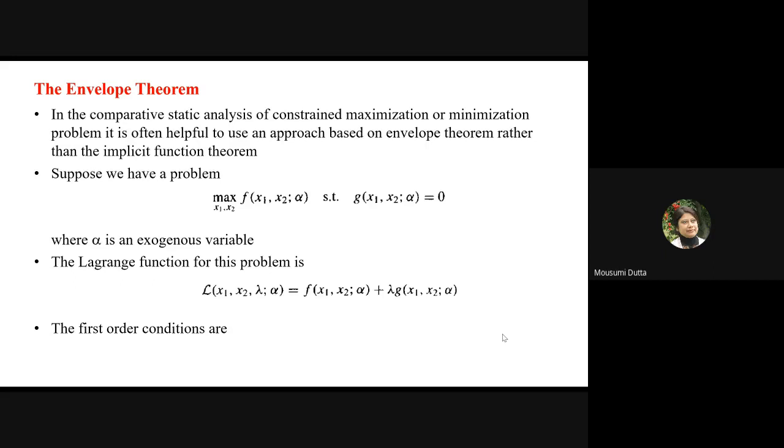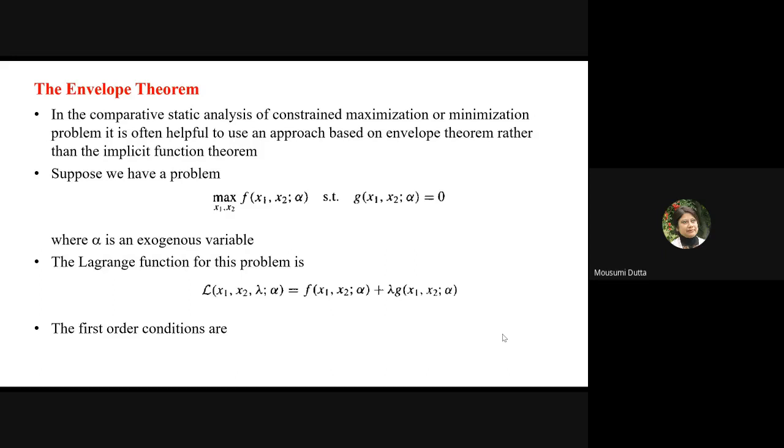Actually, we maximize over x1 and x2 only, in terms of alpha, and we have a constraint g of x1, x2, alpha, where alpha is an exogenous variable. It is fixed, it is constant.